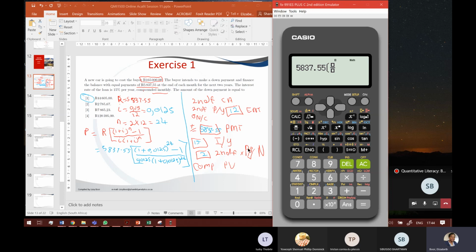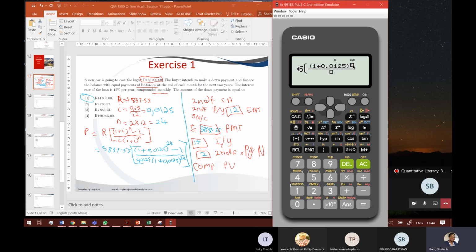And once you have put the fraction inside, then we do the values. There is a bracket, so we put the bracket and say 1 plus 0.0125, close bracket, and then you put the power button.